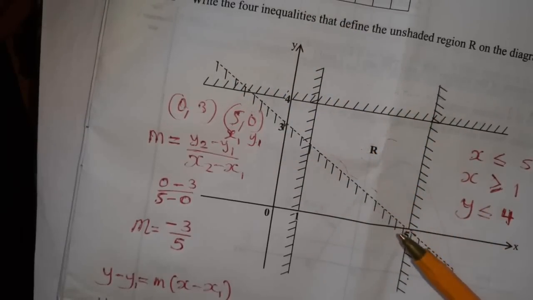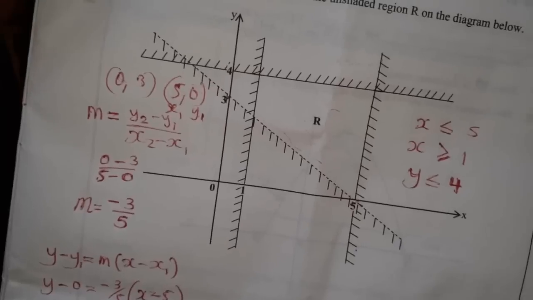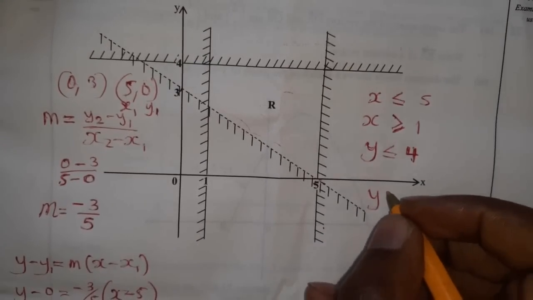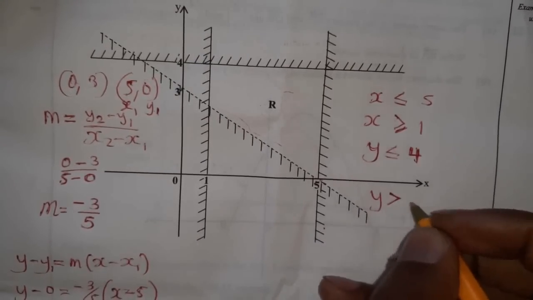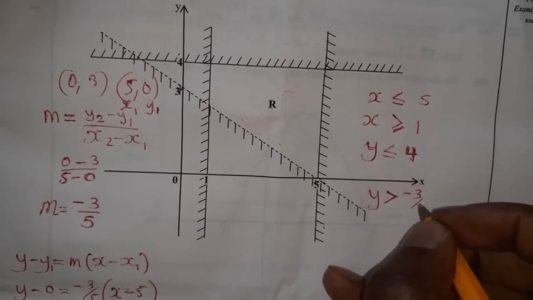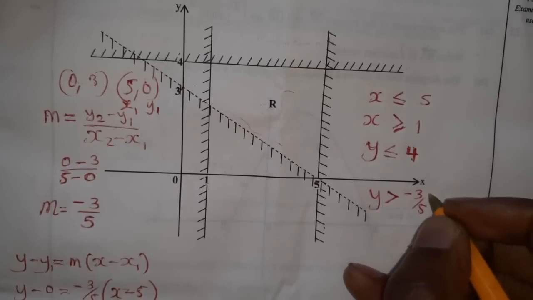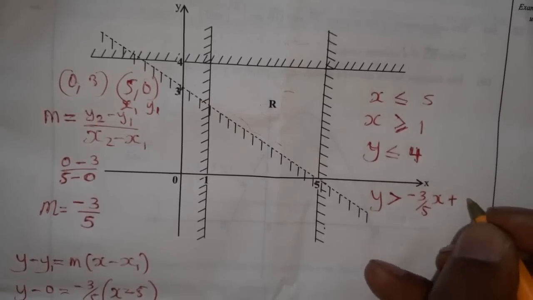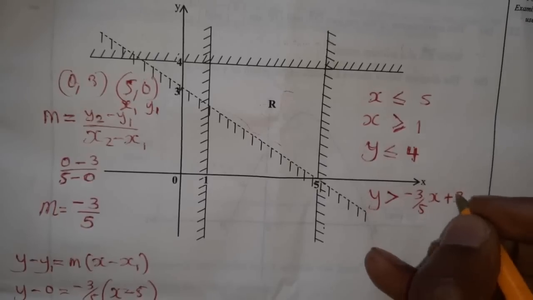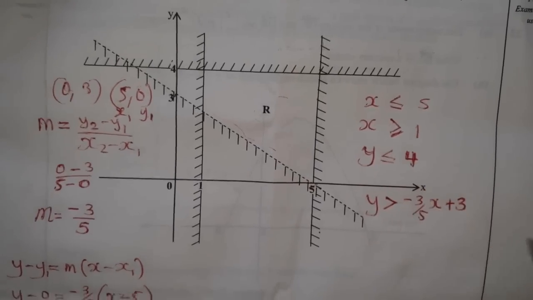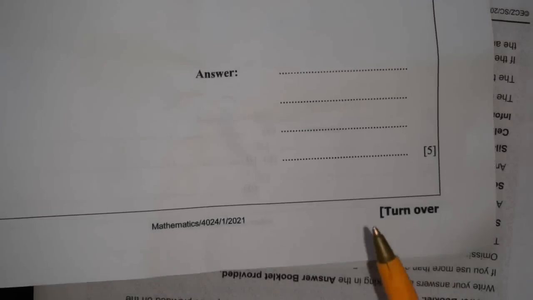Now, because the line is also dotted, we are going to say y is greater than negative 3 over 5 x plus 3. We have 1, 2, 3, 4 inequalities that you are supposed to write down here.